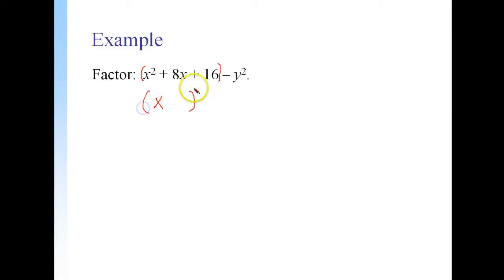let's put a parentheses and plus 4. So this is sort of like the difference between perfect squares, where this is A. So watch what happens.